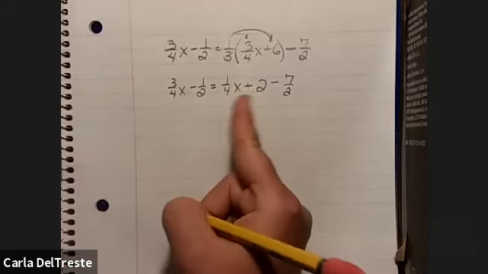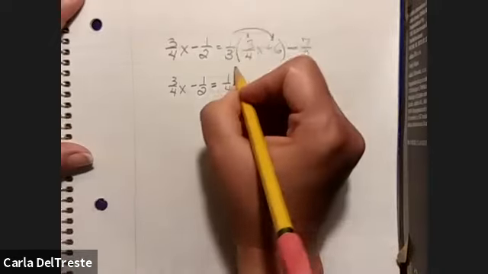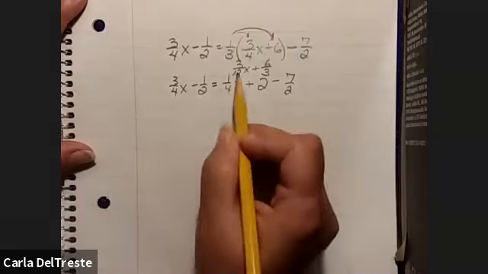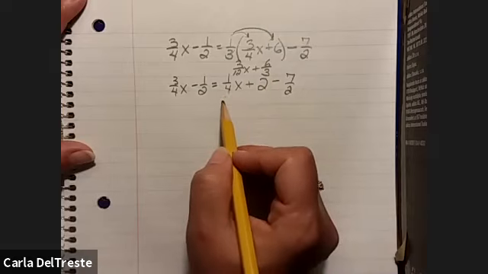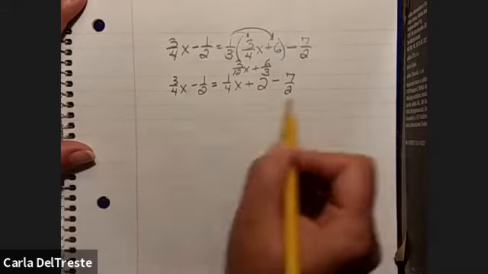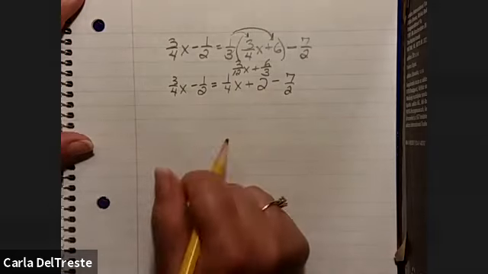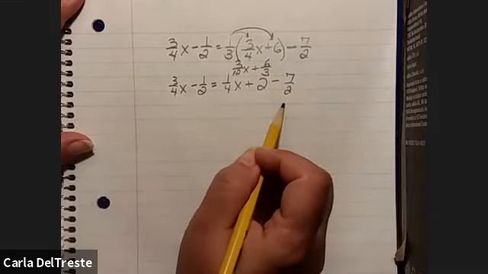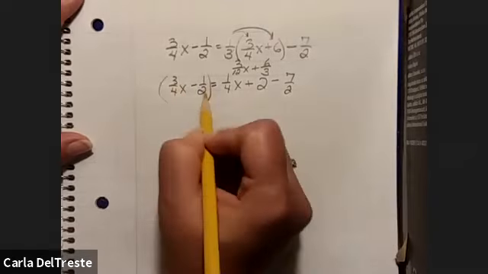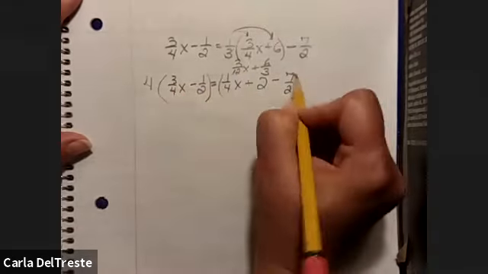If you need to do a pit stop before this, you don't have to do that in your head. This is going to be 3 over 12x plus 6 over 3, and that's where these two values are coming from. I'm just moving it straight down. Now I can look at this and say, I want to clear out the fractions before I go any further. I only have 4s and 2s in the denominator, so the common denominator will be 4.